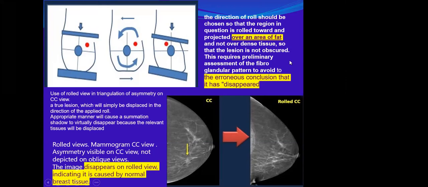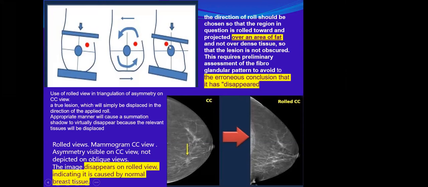Okay, so that the lesion is not obscured by fibroglandular tissue, this requires preliminary assessment of the fibroglandular pattern to avoid erroneous conclusions that it has disappeared.